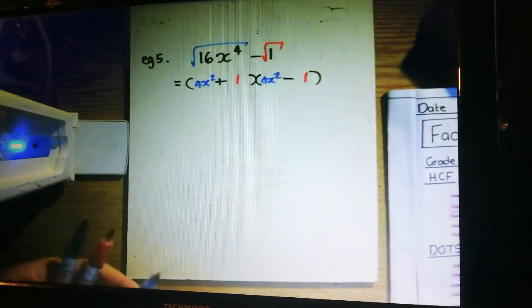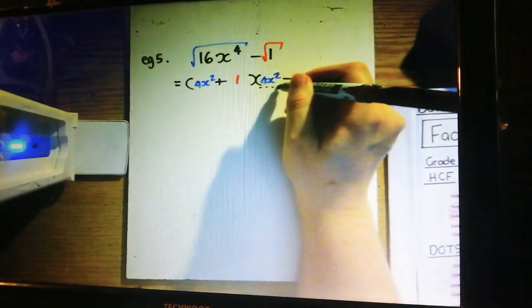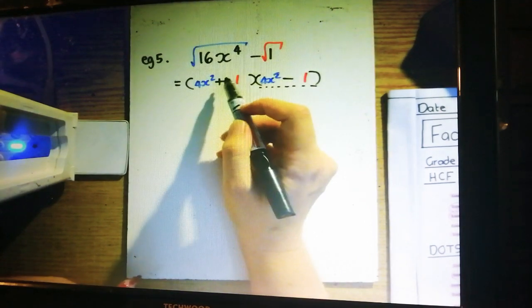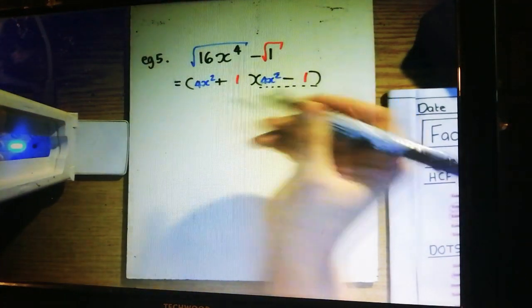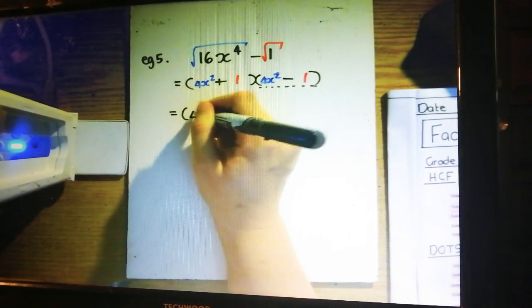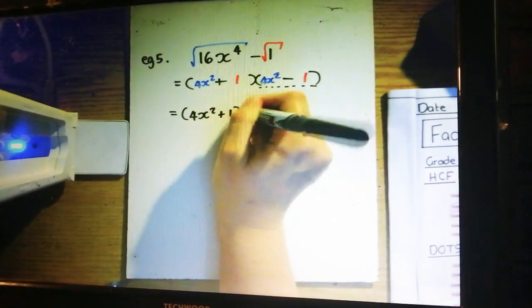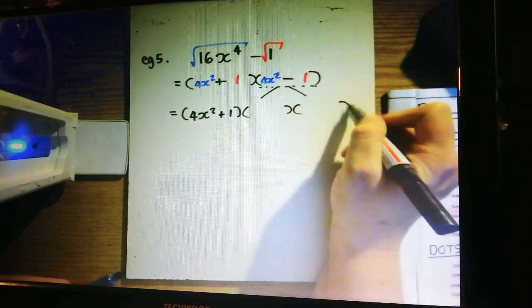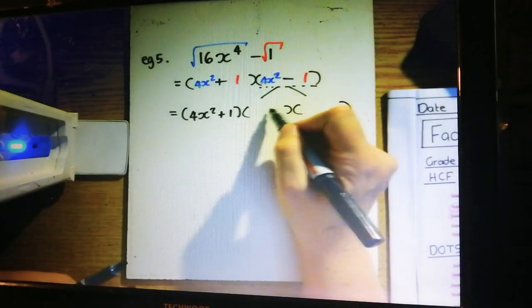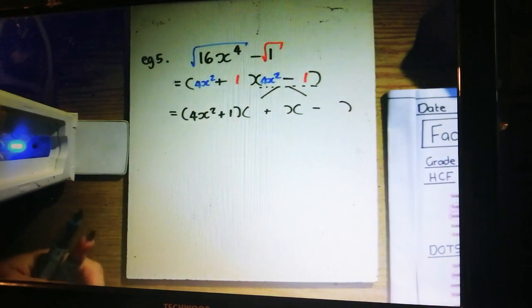That means that I can do difference of two squares within this bracket. I can't do it here because this is a positive. I'm not doing sum of two squares, I'm only doing difference. So I bring this bracket down, doesn't change. But here I open up two sets of brackets because I can do difference of two squares within that. And I've got plus and I've got minus.